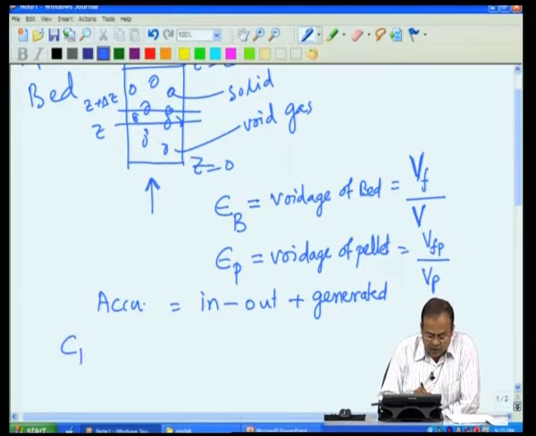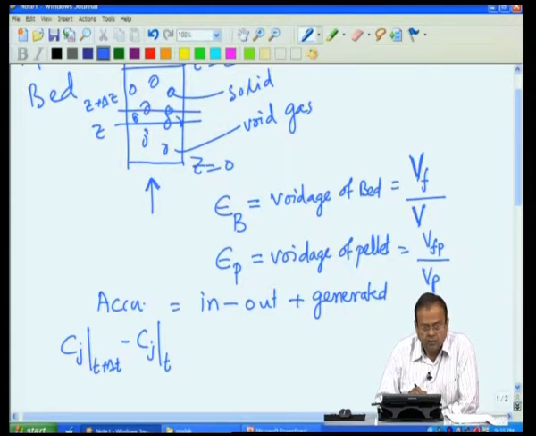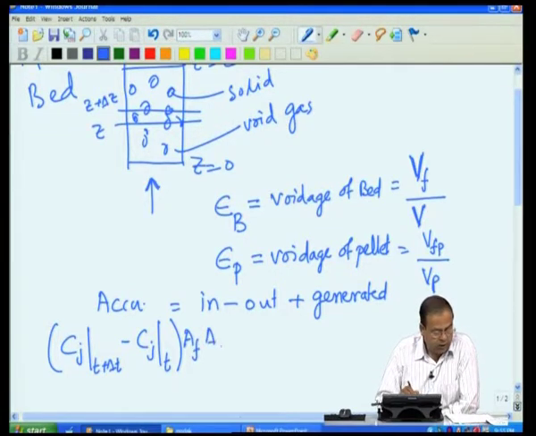If Cj at time t plus delta t and Cj at time t are the concentrations, then this multiplied by AF into delta Z, that is the volume. Remember, the concentration Cj is per unit fluid volume, multiplied by the fluid volume it is the total moles of J which are accumulated.